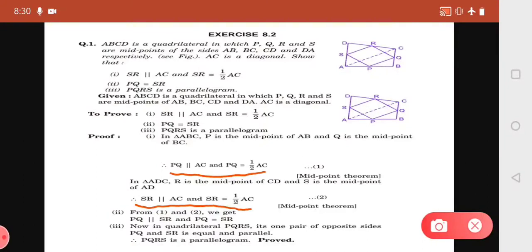So we get PQ parallel to SR because we have learned that lines parallel to the same line are parallel to each other. By that theorem we get PQ parallel to SR, and PQ equal to SR, because here you can see PQ is half AC and SR is also half AC.